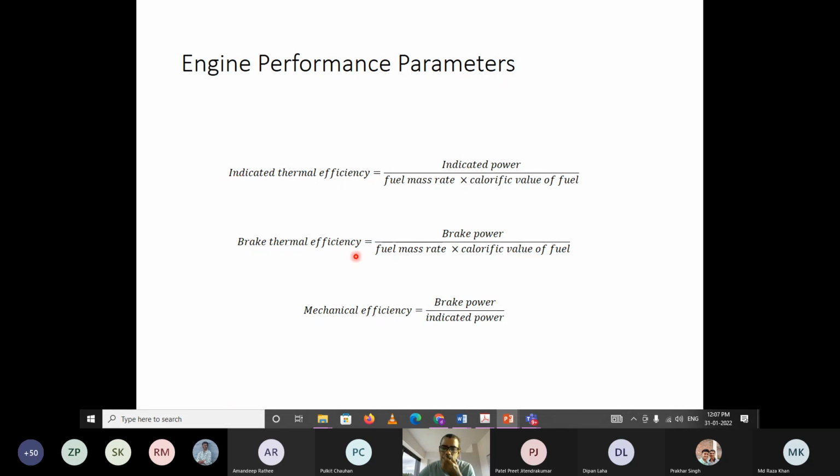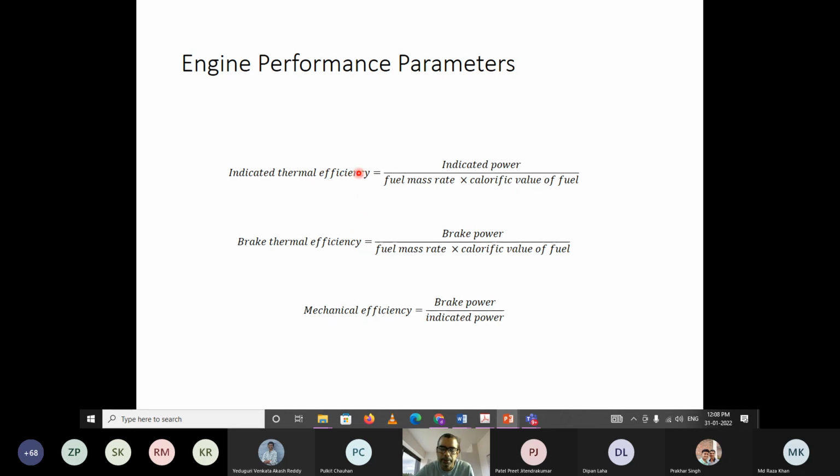If you are measuring the power output at the flywheel of the engine, which can be measured using a dynamometer, it gives the brake power, and the corresponding efficiency is called brake thermal efficiency. Mechanical efficiency is the ratio of the brake thermal efficiency to the indicated thermal efficiency.